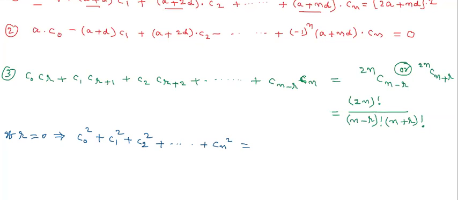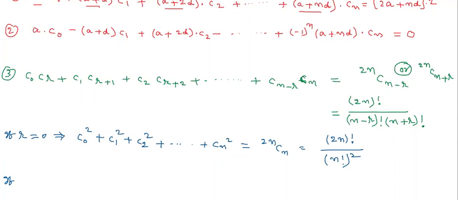In right hand side, what we get? 2nCn, how to write? Tell me. 2n factorial by denominator 2n minus n, that is n factorial into n factorial. We get n factorial whole square. Okay.